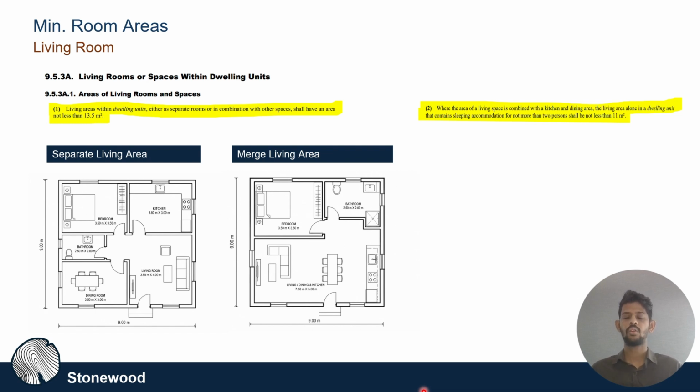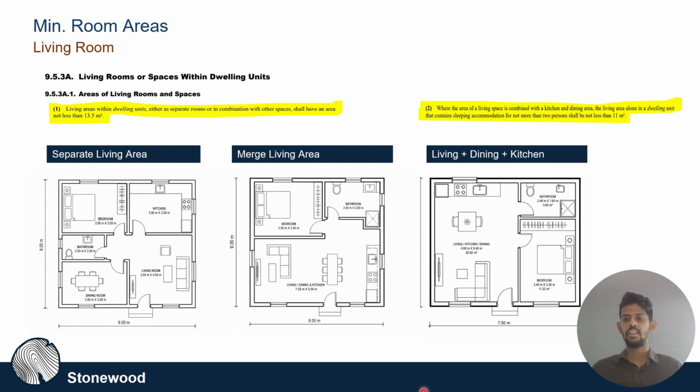Basically, if your occupant load is 2, so when you have one bedroom only, then your occupant load is 2. In this case, if you are merging everything, living, dining and kitchen, then you need 11 square meter for the living space. Alright, you can see in this example, living is combined with kitchen and dining, and in this case you need at least 11 square meter for the 2 occupancy.